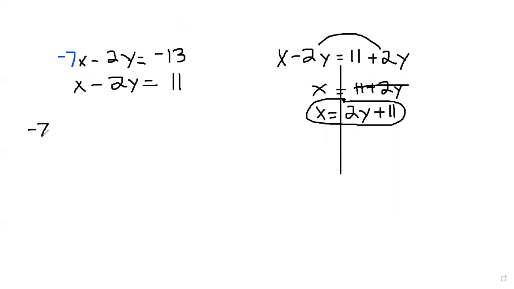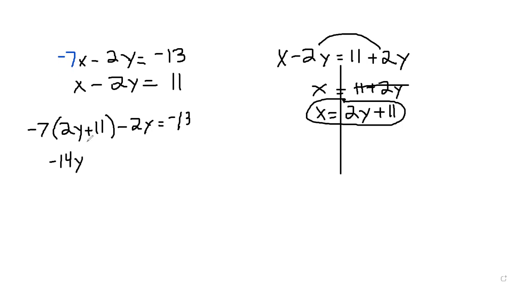So we'll have negative 7, and then we just figured out x over here is 2y plus 11, and we're going to get rid of our x, aren't we? We're going to solve for y and then figure out what x is. And then minus 2y equals negative 13. Okay, so that gives us, see what we're doing? We're going to get y equals something eventually here.